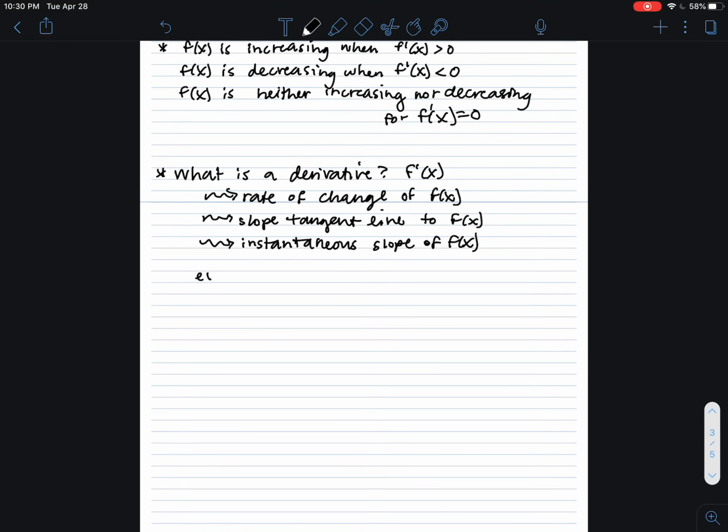So for example, if I say that f prime of 2 is equal to 4, this means the instantaneous slope of f of x at x equals 2 is 4.